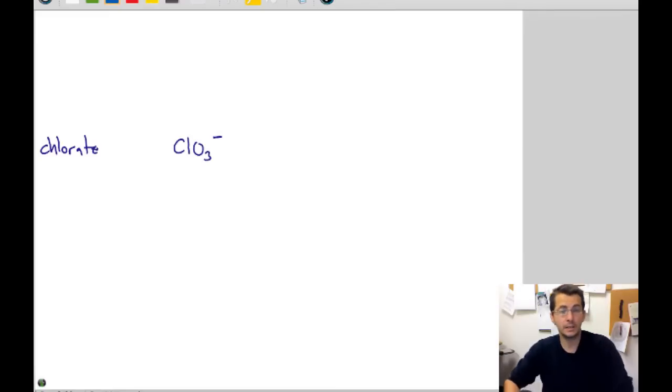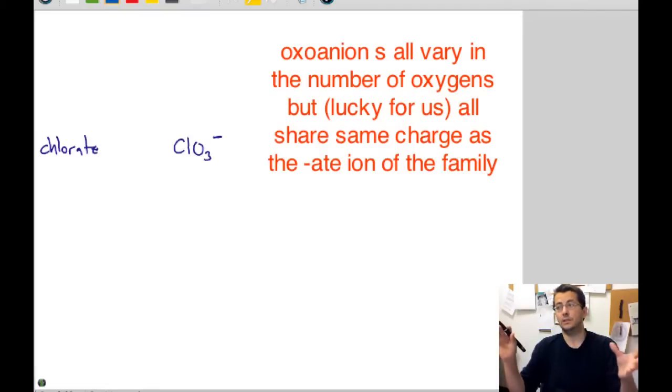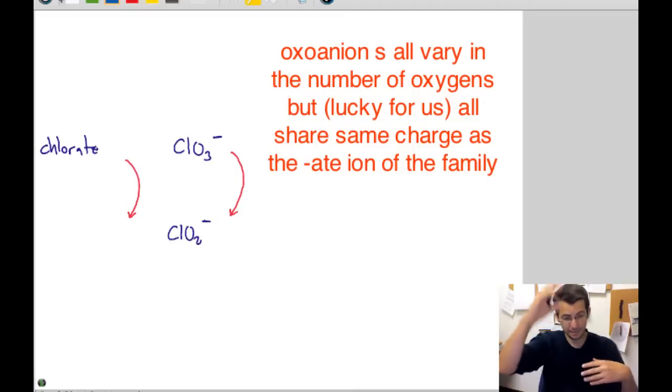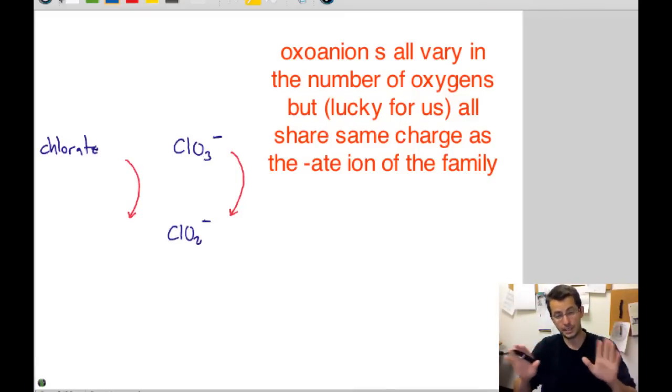One of the simpler derivatives of the chlorate ion is one that contains one less oxygen. So if we reduce by one oxygen, ClO3 becomes ClO2, and the charge stays the same. Within the family of oxoanions that we look at, the charges all stay the same.